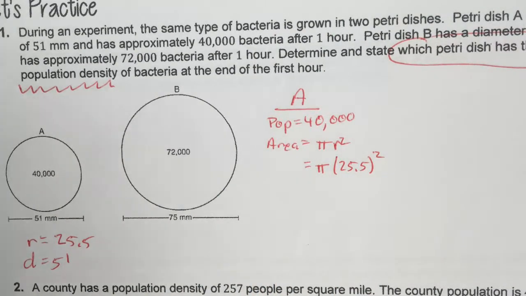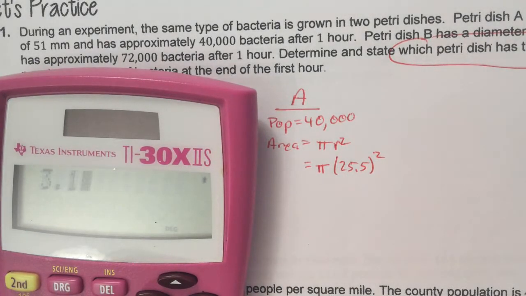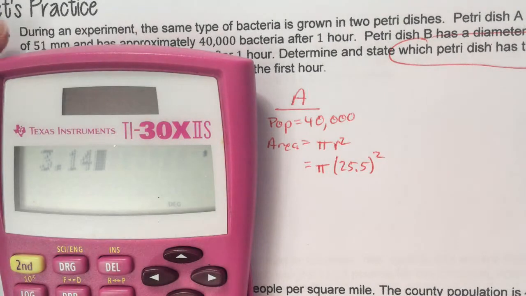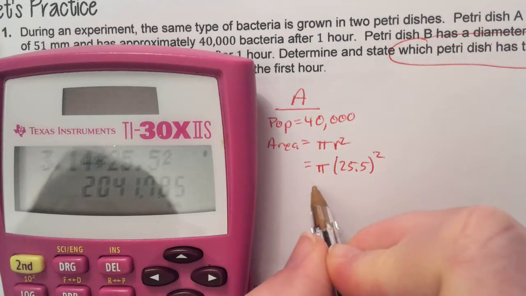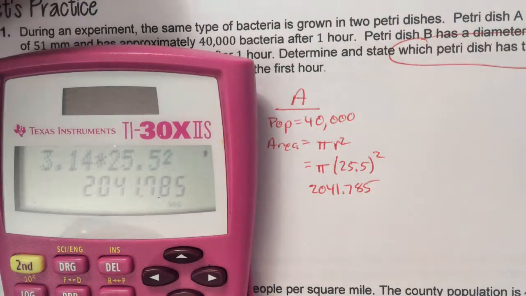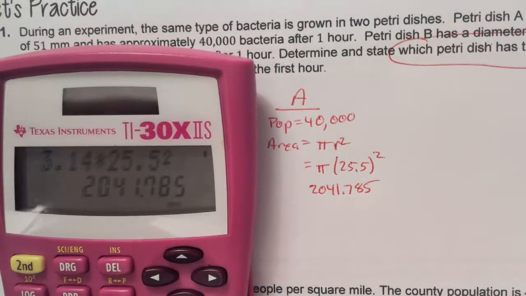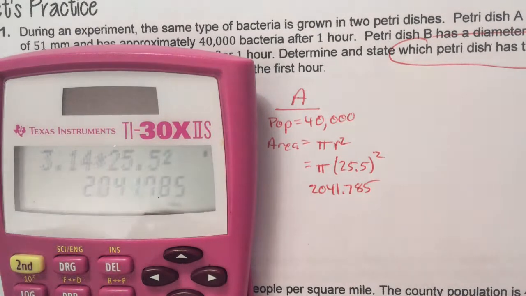We put that into our calculator: 3.14, the number we're going to use for pi, times 25.5 squared, and we get 2041.785. We're not rounding. We're going to use all of that decimal.